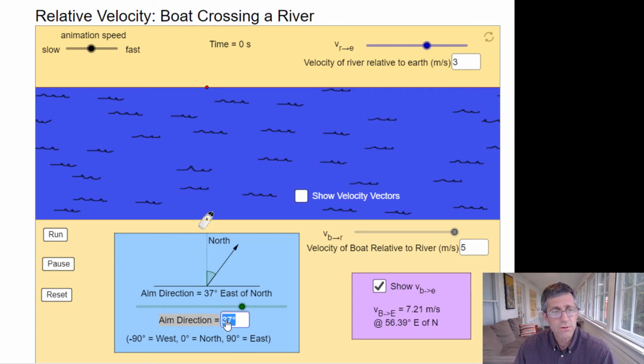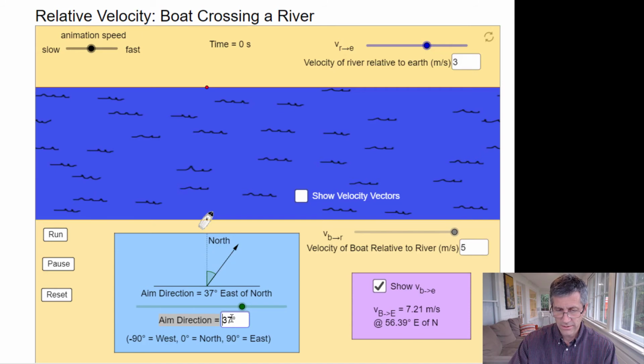37. Okay, what's wrong with that? Think about this for just a minute. The directions matter. We have velocity of the river as being positive 3, so positives go in that direction. And I have velocity of the boat in the y direction, so I'm making positive upwards for the boat.